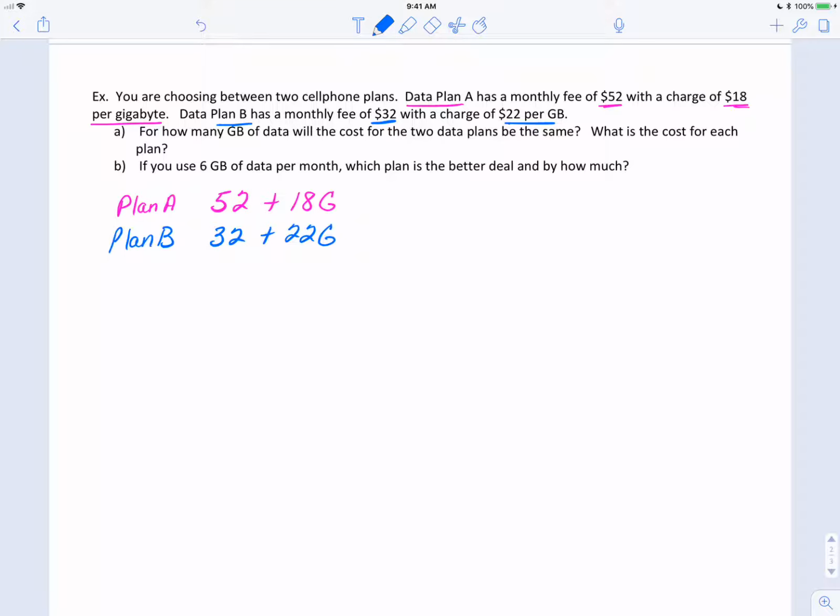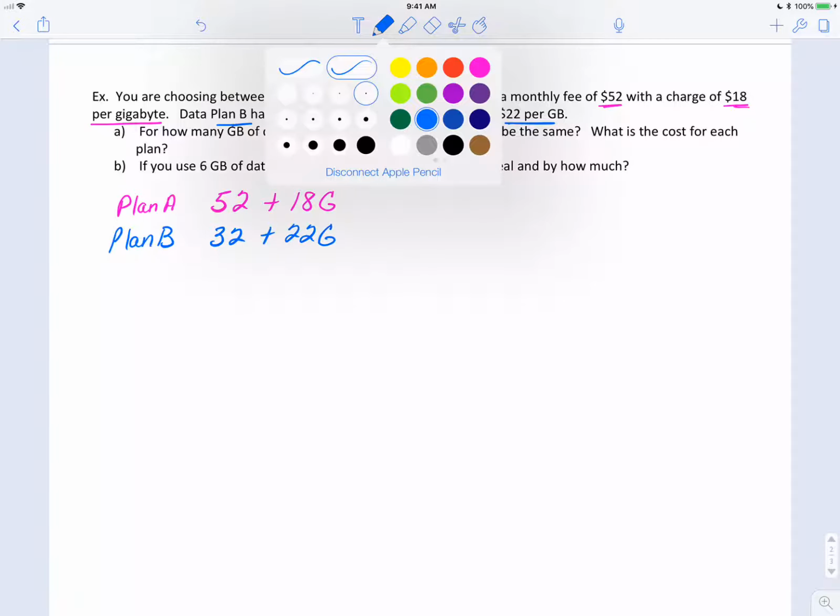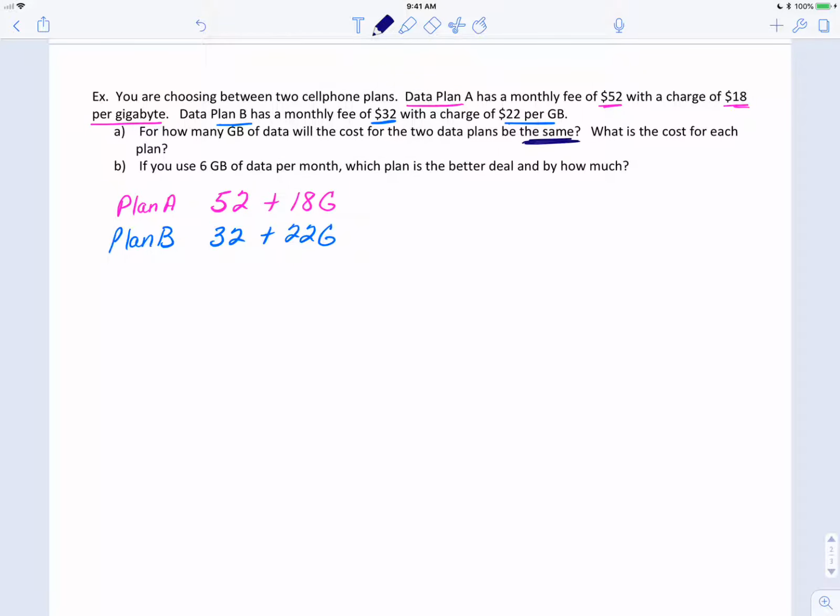Okay, so for how many gigabytes of data will the cost of the two data plans be the same? Well, if something is the same in math, that means they are equal to each other. So we're just going to set these two things equal to each other. So 52 plus 18G is equal to the other plan at 32 plus 22Gs. And this is part A. All we have to do here is solve for G. So let's subtract our 32 from both sides.